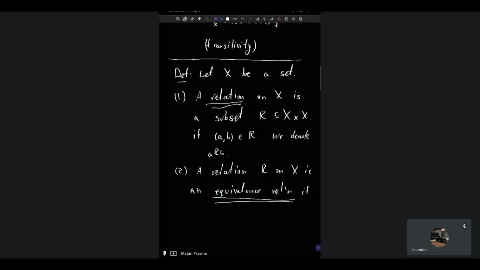So I'll just rewrite it. For any a in X, we have a relation between a and itself. This is the same again in our notation as saying that the pair (a, a) belongs to R.